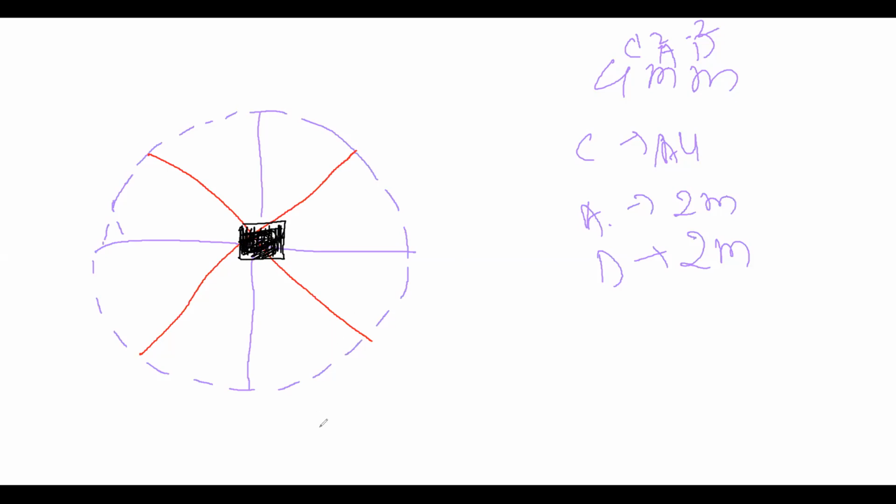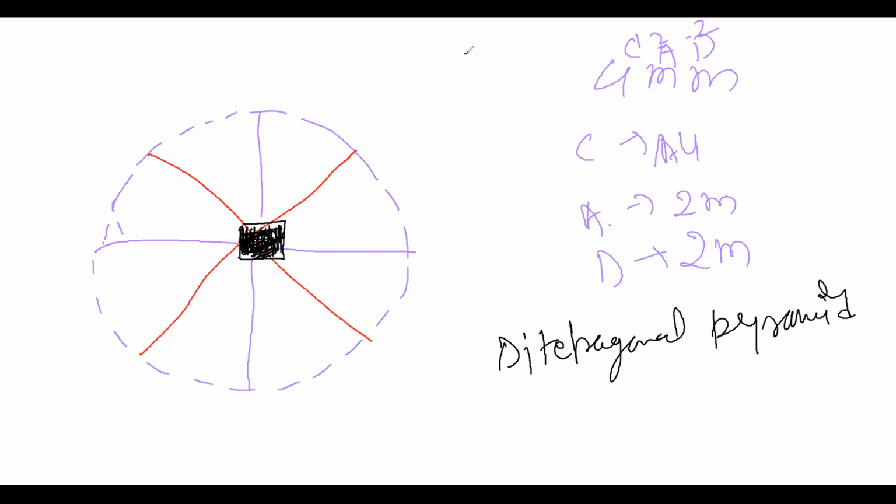Now the motif. Look, the name of the class is ditetragonal pyramid. This is also an open form, but how will it look? A pyramid looks something like this.